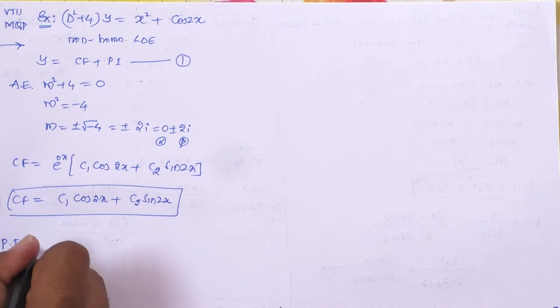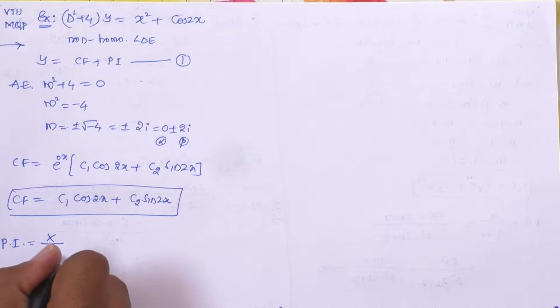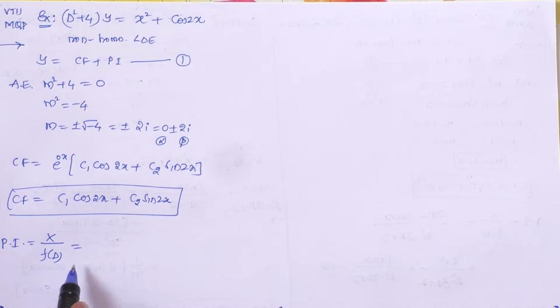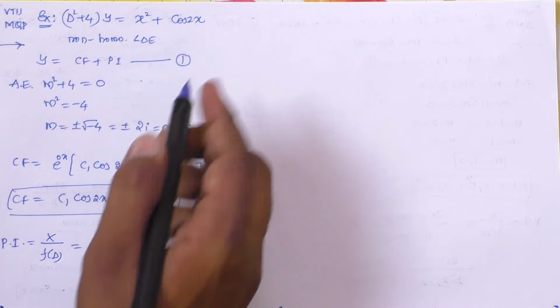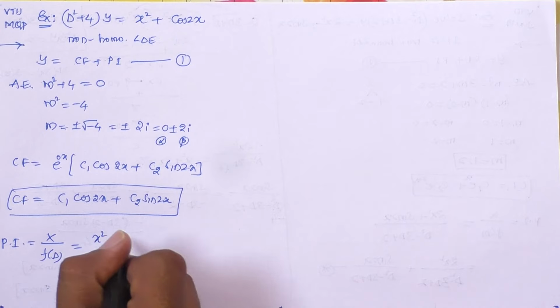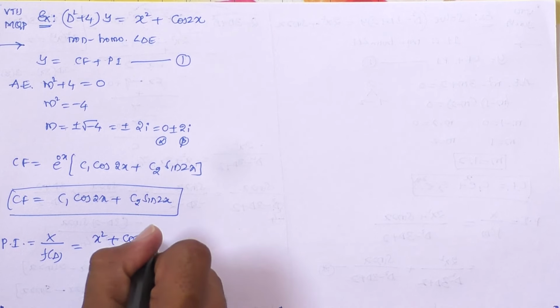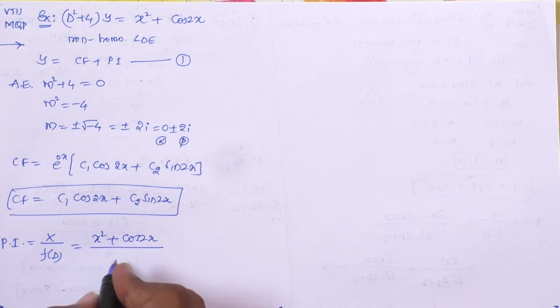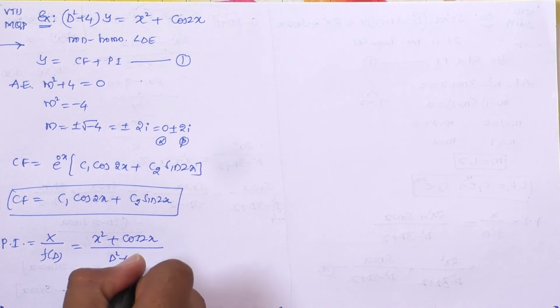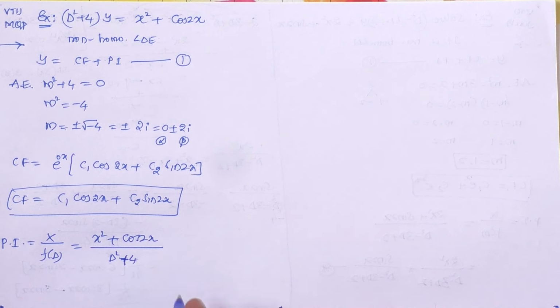So PI is x term divided by d term. We know this. So x term is here the RHS, x square plus cos 2x, divided by d term, d square plus 4. So now both terms are different. x square is a polynomial in x and this is a trigonometric term.